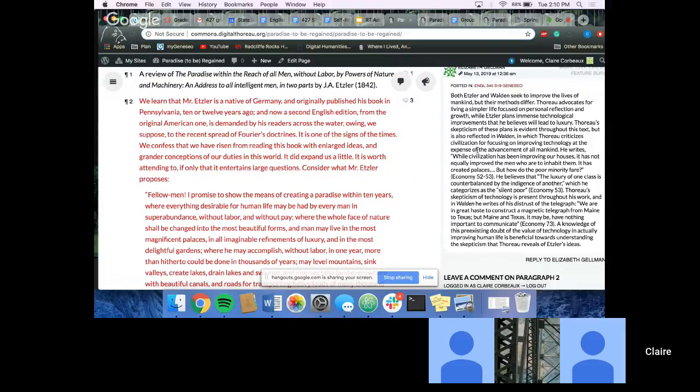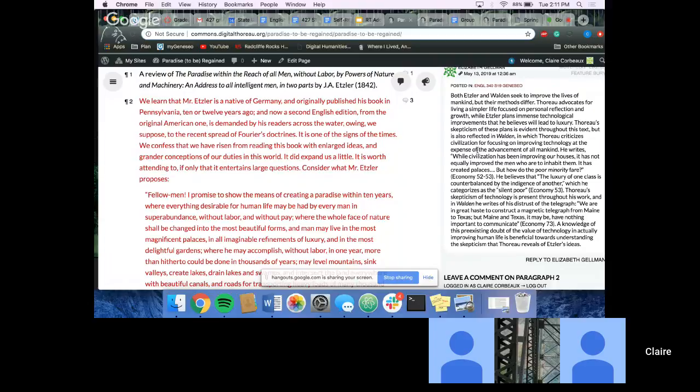I would just add that a lot of our comments were relating this text to Walden. A lot of them also were, as Lizzie just mentioned, historical context comments, so we got an idea of what was going on at the time.